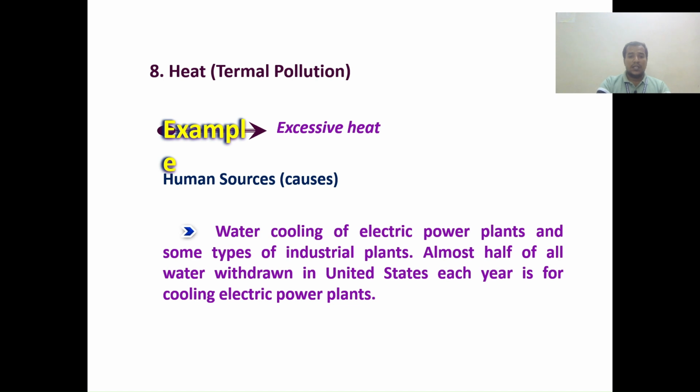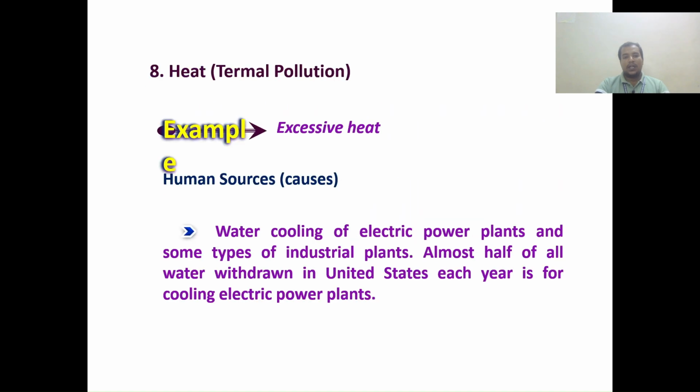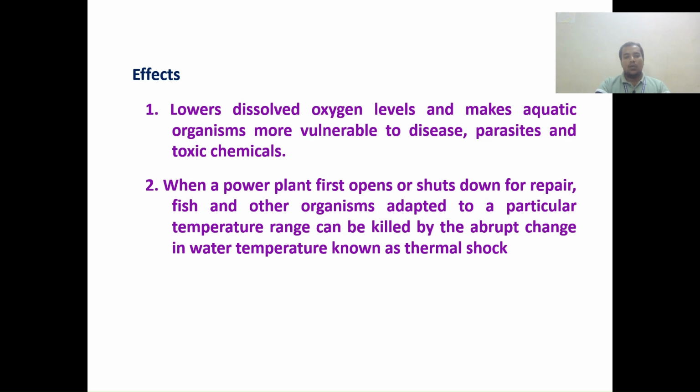And thermal pollution: an excessive amount of heat produced by human beings or industry affects the water. The effects of thermal pollution are lower dissolved oxygen levels, and it makes aquatic organisms more vulnerable to disease, parasites, and toxic chemicals.